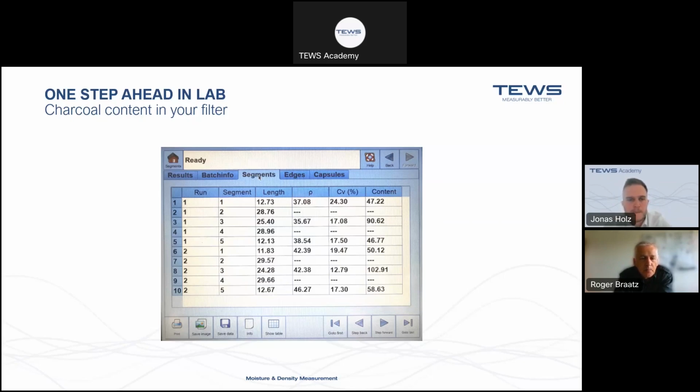So the bottom 5 rows are for the second filter rod. Okay. And in the center, you can see the length of each segment. Those 12.7 is quite much the 12 millimeter of the left side segment, which we saw on the previous page.